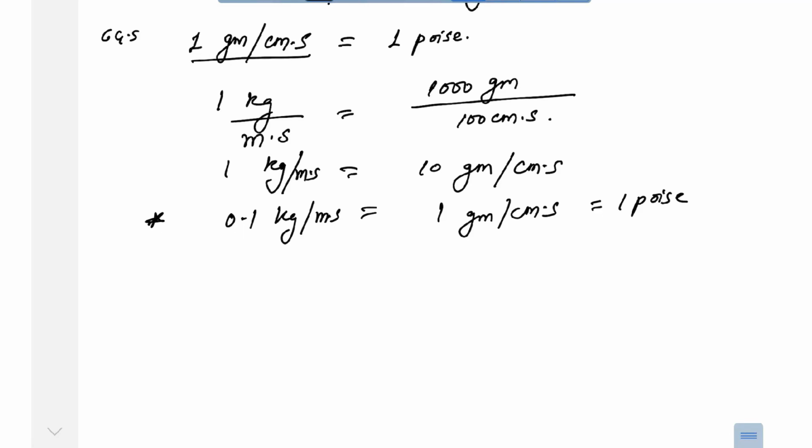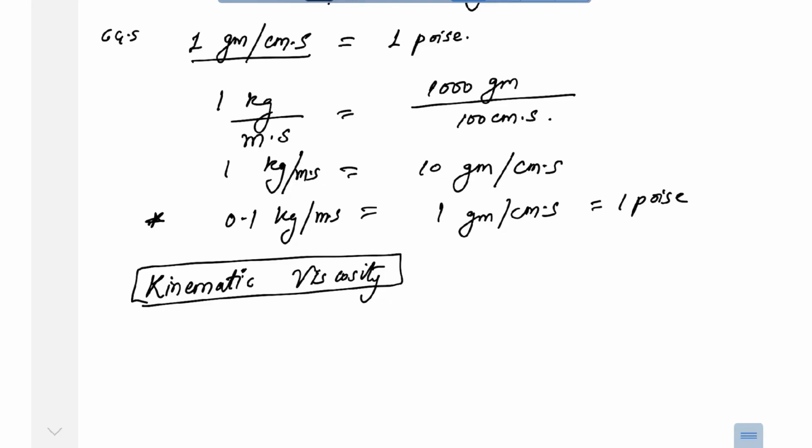Now moving to the next term also related to viscosity, which is known as kinematic viscosity. As we have already discussed while discussing what mechanics is, mechanics is of two types, dynamic and kinematic.